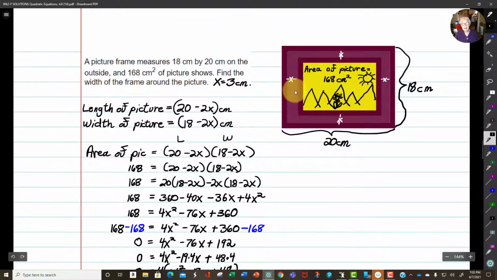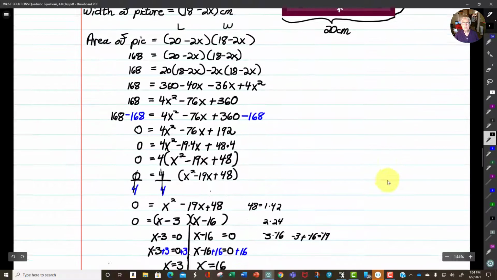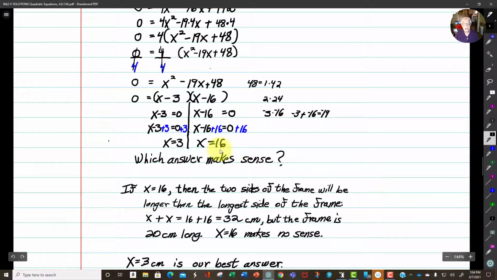Except if x is 16, then I would have 16 plus 16, that would be 32, which is longer than 20. And 16 plus 16 would be 32, which would be longer than 18. That makes no sense. I cannot use 16.